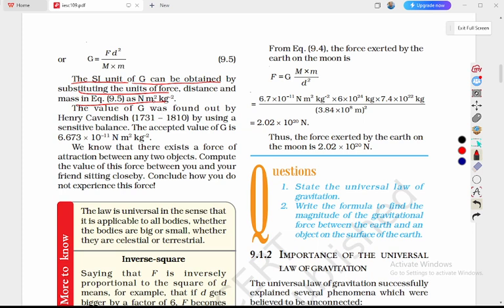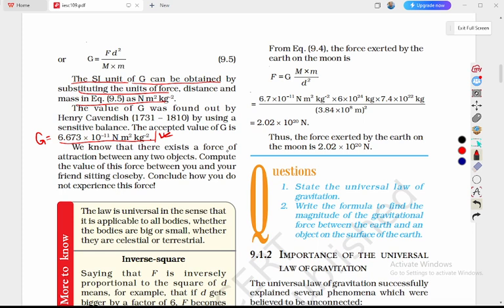As Newton meter square per kg square. The value of G was found by Henry Cavendish, 1731 to 1810, using a sensitive balance. The accepted value of G is 6.673 into 10 to the minus 11 Newton meter square per kg square. You remember this one also, right?